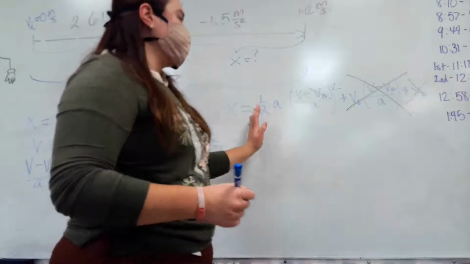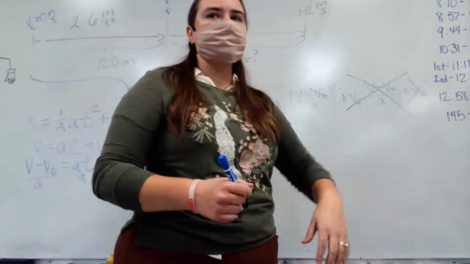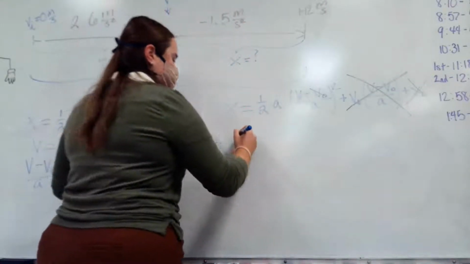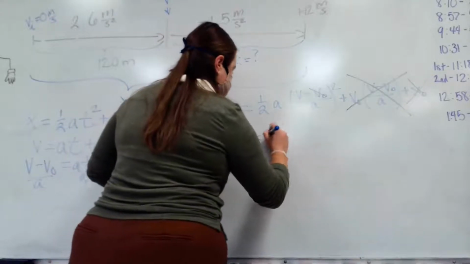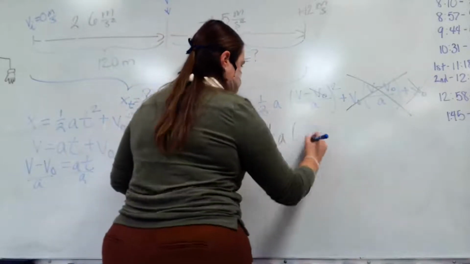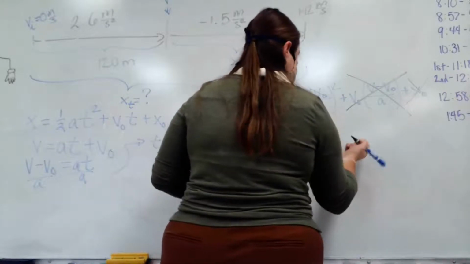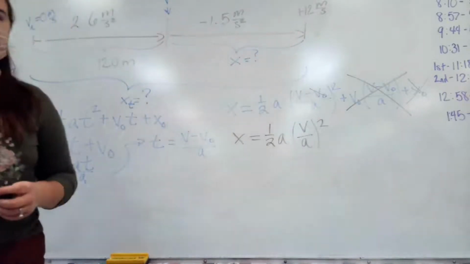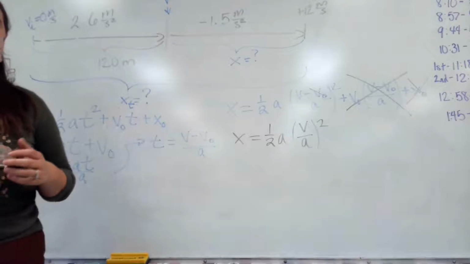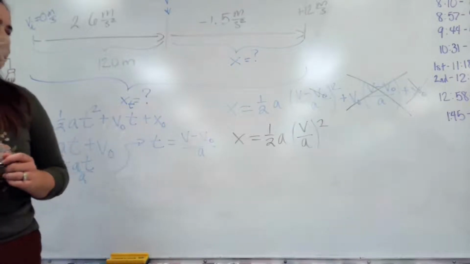All right, so if we write this out without all of our 0 stuff, we will get 1/2 a times v over a, squared. A lot simpler, right? Okay.